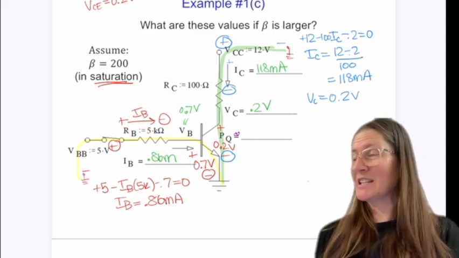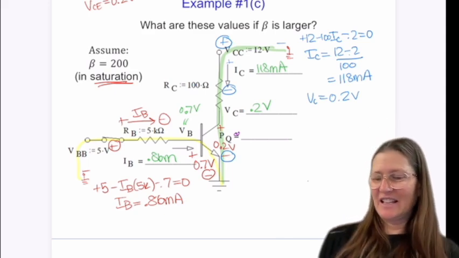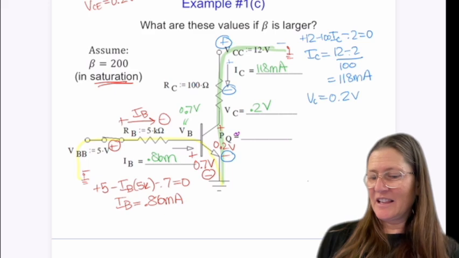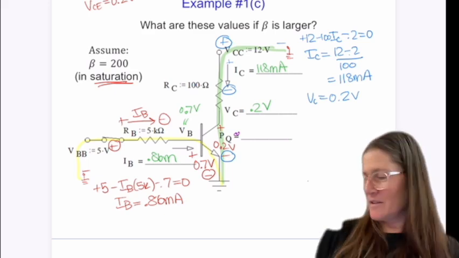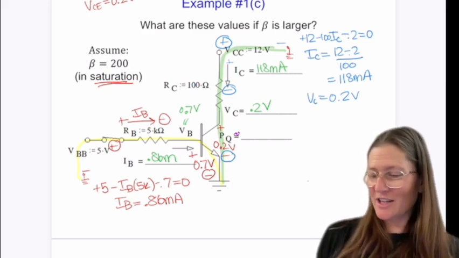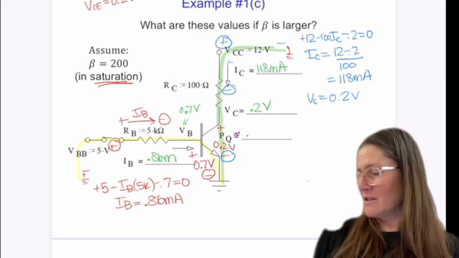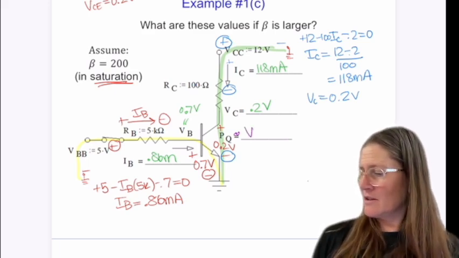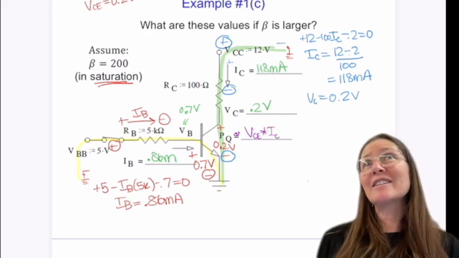Power is approximately, it's what? Okay, how did you get that? But E is ground, right? So VC is VCE.